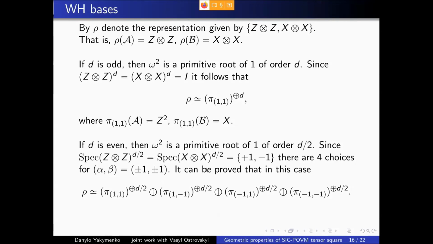In fact, it can be proved that in this case the representation rho is this direct sum. For every possible choice of alpha and beta, they appear exactly the same number of times, D over 2, right? And this is why the odd and even cases are so different, and the even case is, in some sense, a little bit harder. Okay.